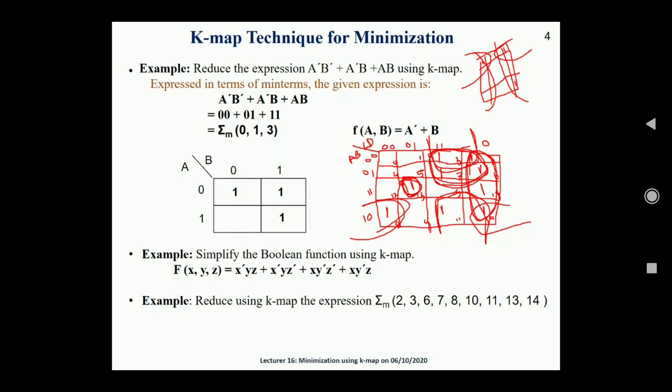Okay. So if you are writing the expression of this one, AB is 1 1. So here I am writing AB, and here it is 0 1. So 0 means what? It is C bar, and it is D. See how many variables are coming? All the variables are coming.